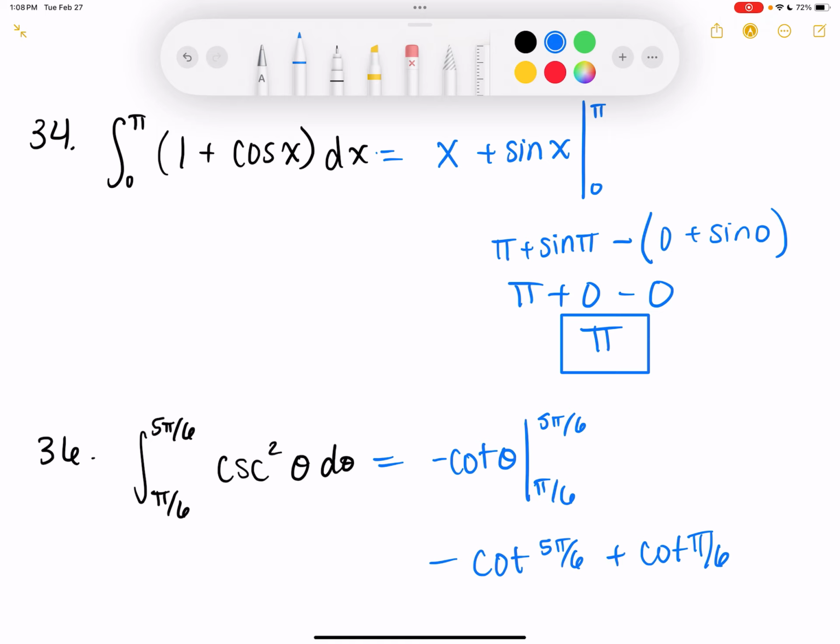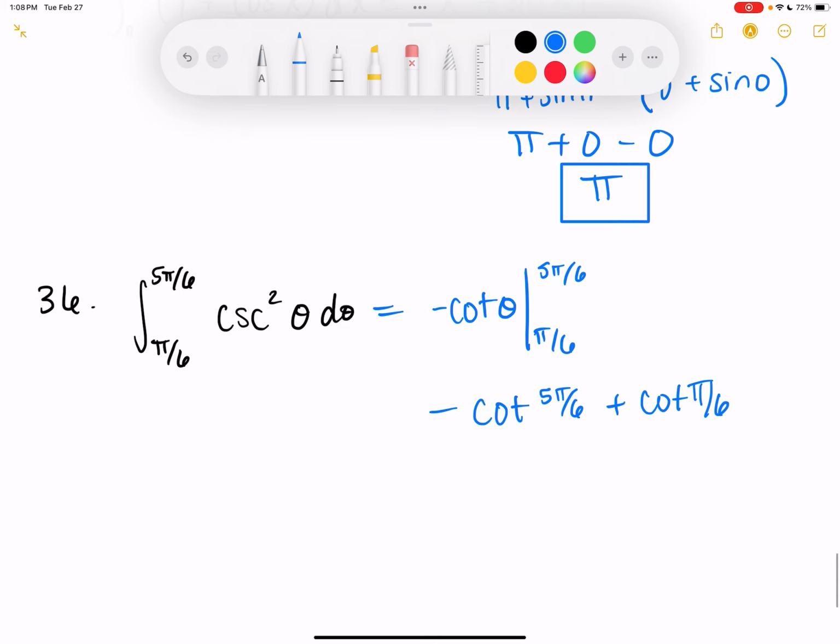Now wouldn't it be that for both? The other one would be negative root 3. But then there's a negative sign in front, so it would just be positive. Cotangent at 5 pi over 6 is already negative, and there's a negative in front, so it's positive.